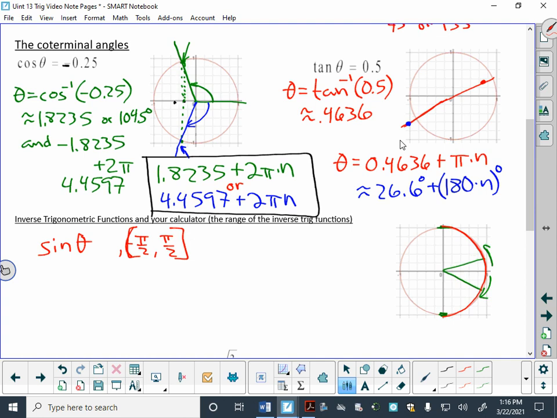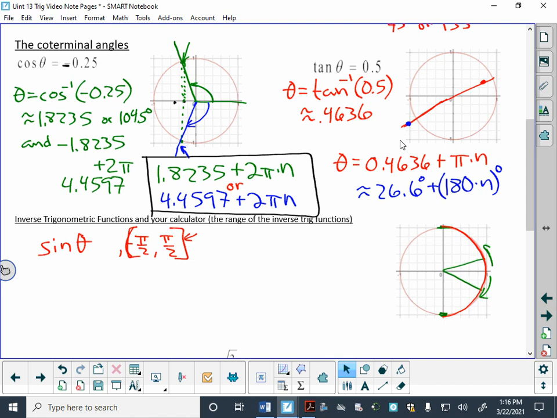If this is the domain of the function, then it becomes the range of the inverse, which means that inverse sine can only give me numbers between negative pi over 2 and pi over 2. So it's never going to be able to tell me all of those angles.